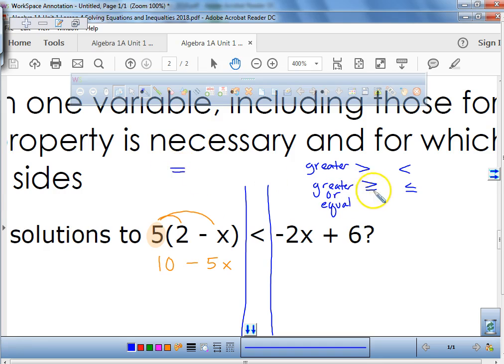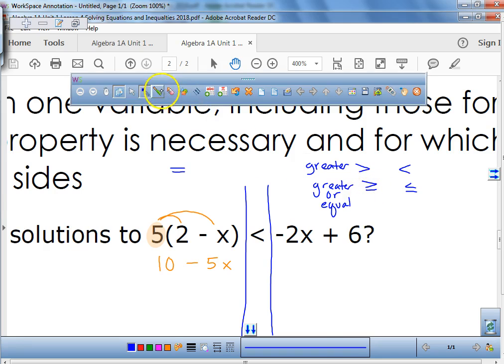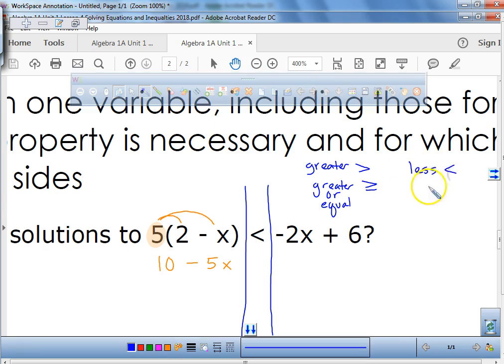Greater or equal, you'll notice there's another part right there you always have to be paying attention to. Over here, this is going to be the less than symbol. I'm going to move it over. I'm going to write less. There's the less than, and then this is going to be what? Less than or equal to.